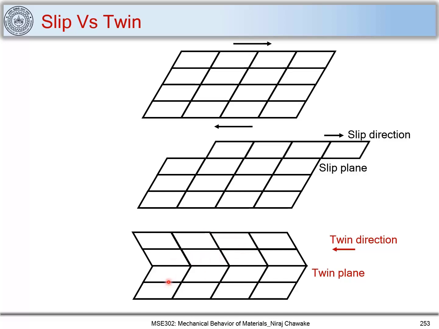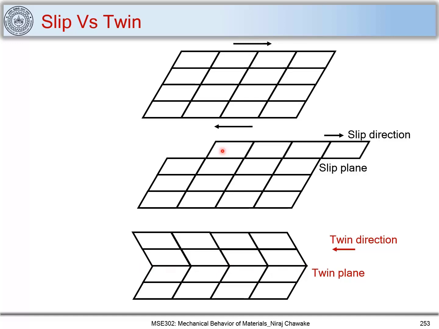You can find that across these boundaries there is one-to-one correspondence of points. So this point is a mirror image of this point, and sometimes this plane is also called a mirror plane. So this is a twin plane which is also called a mirror plane.